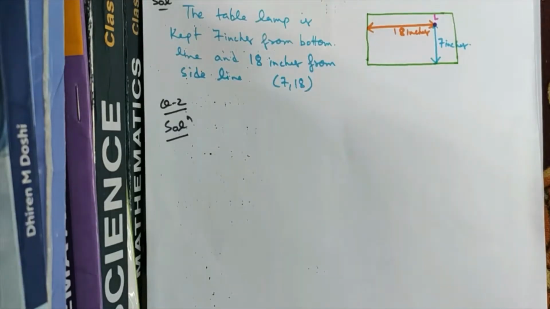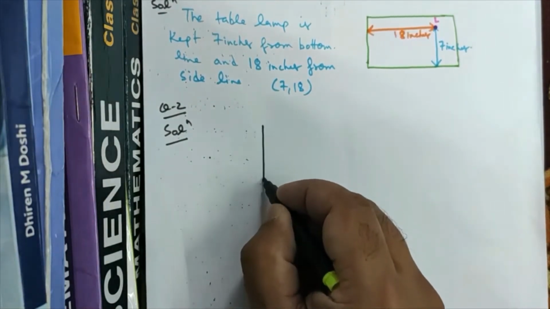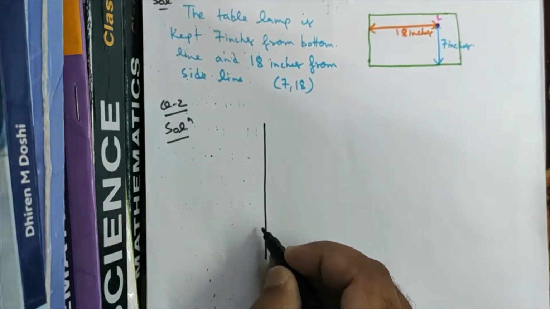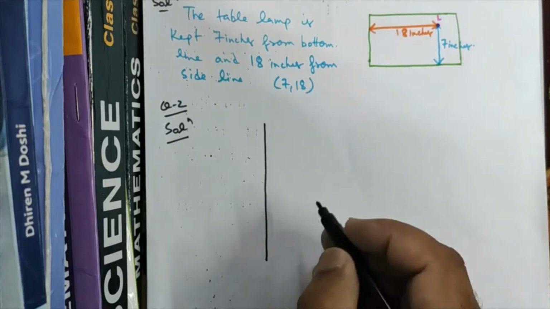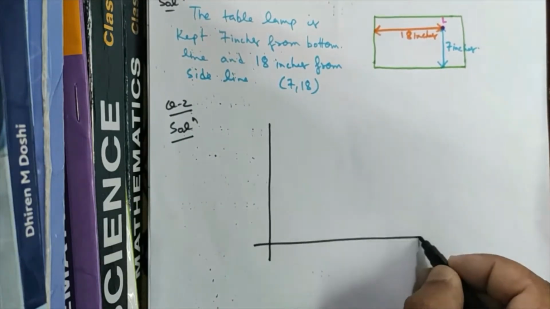In question number 2, a street plan is given in which a city has 2 main roads. So first of all we will draw the main roads. This is the first road, and this is the second road.